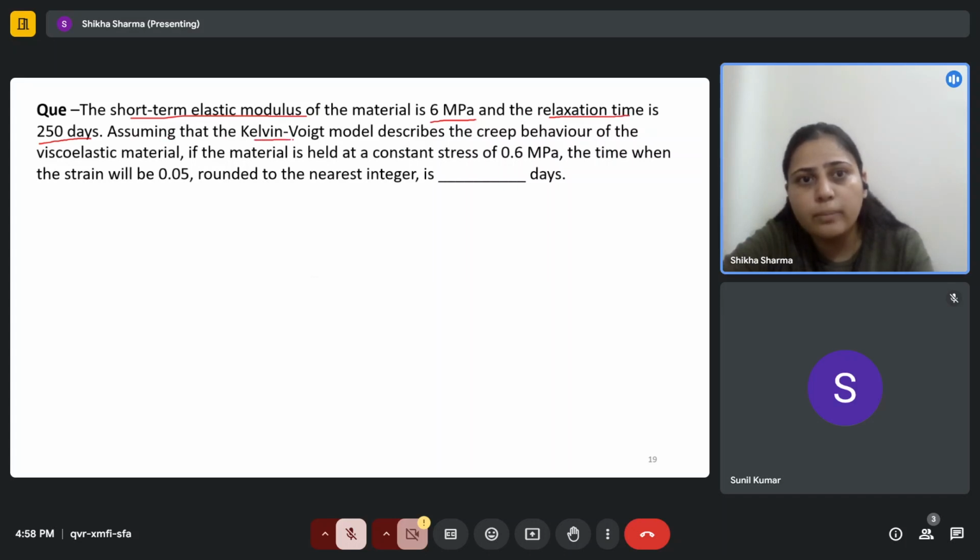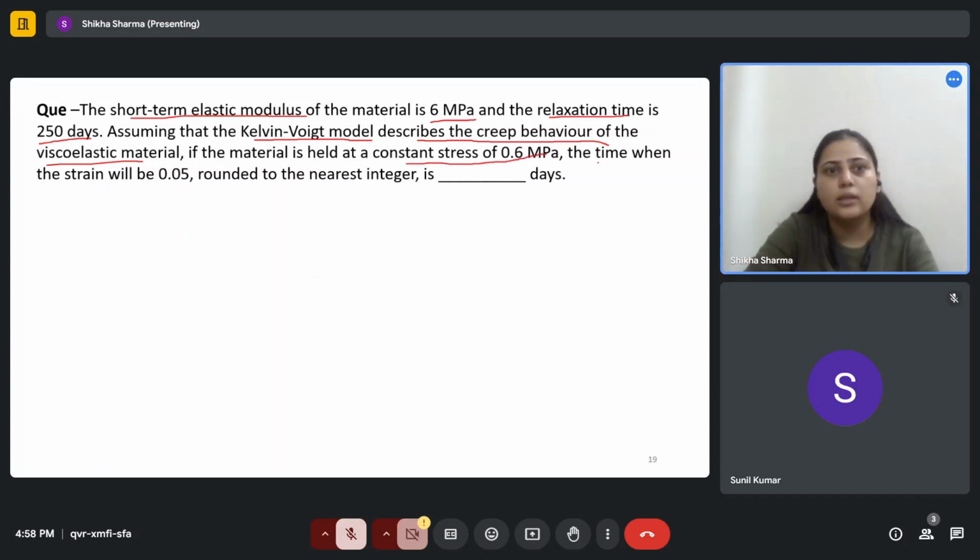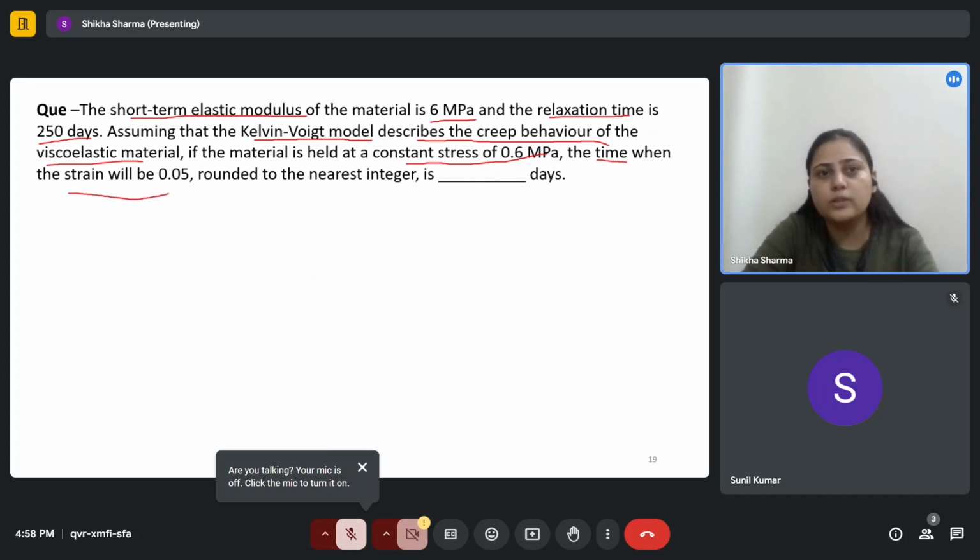Now we need to apply the Kelvin-Voigt model and describe the creep behavior of the viscoelastic material, if the material is held at constant stress 0.6 megapascal, and find the time when the strain will be 0.05. So the strain value is given, the stress value is given. We need to calculate the time when this strain will be reached.